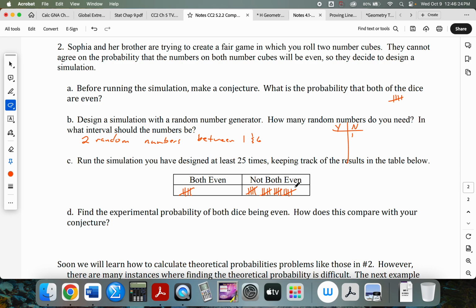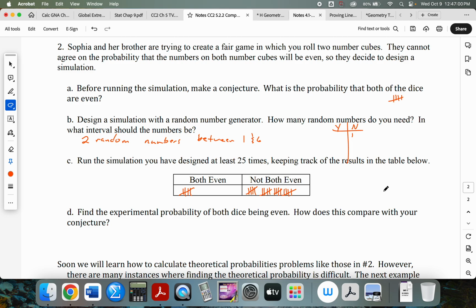Why are you sad? You didn't have any wins? That seems very, very unlikely. Neither did I. You never had one where there were two even numbers in a row? I only won 3. I have 6 yeses.